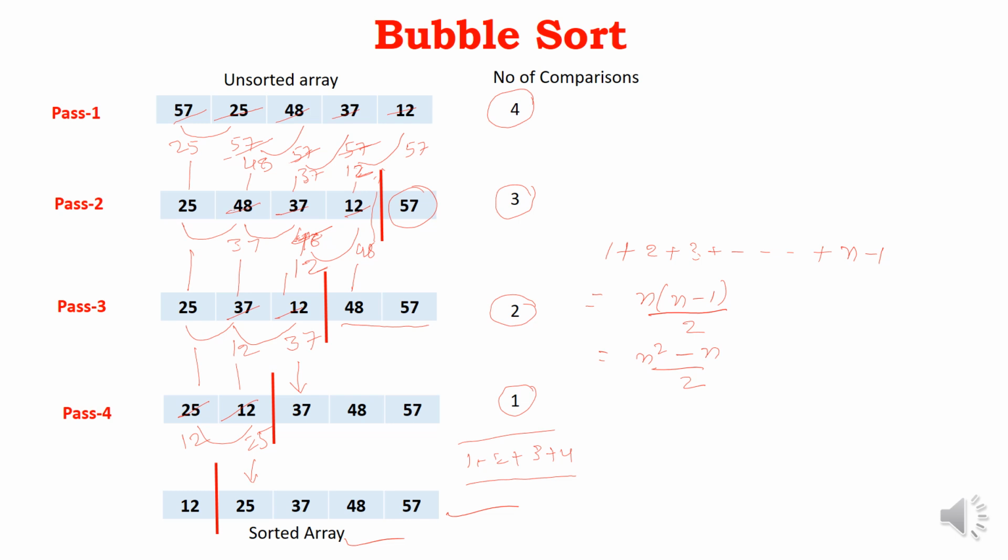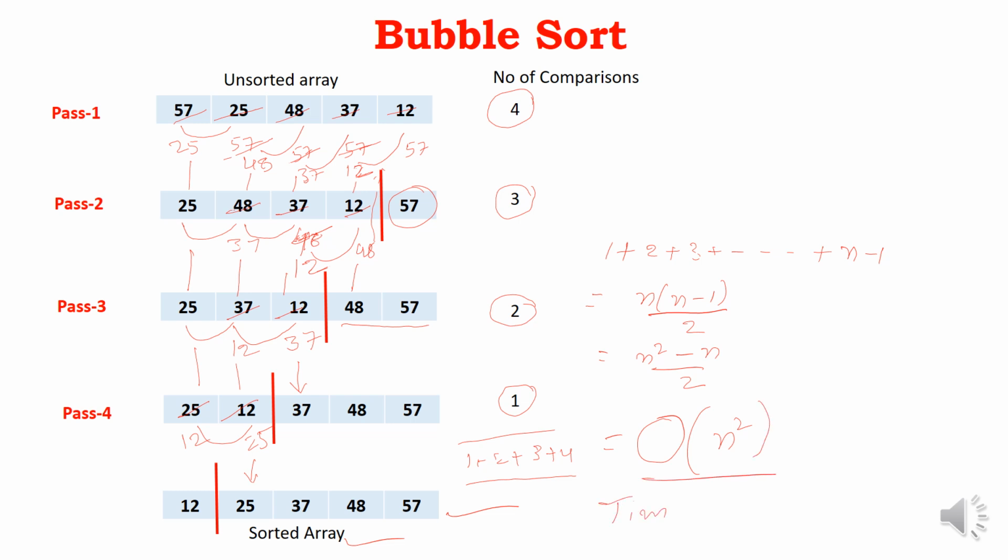This equation is equivalent to the total number of comparisons. The time complexity of any algorithm directly depends on the total number of executable instructions. Here we can say the total number of comparisons. So the efficiency of an algorithm depends on the total number of comparisons. In terms of big O notation, we consider this as big O of n square, or order of n square.